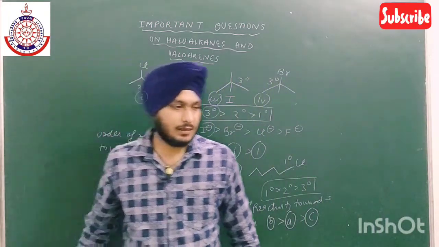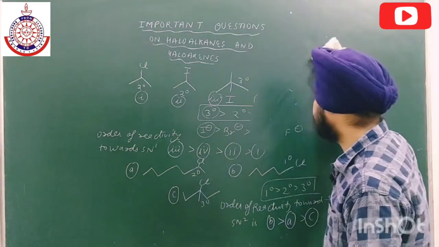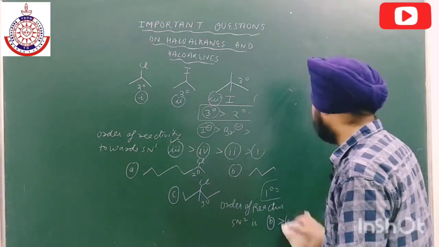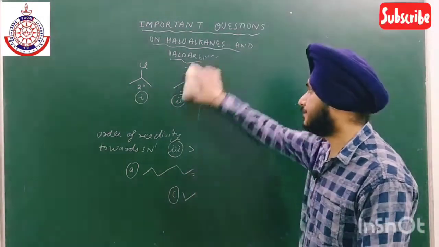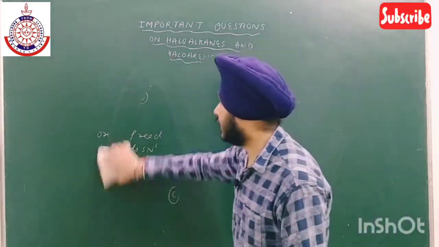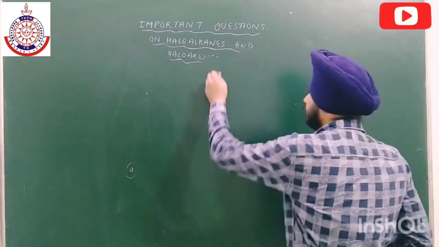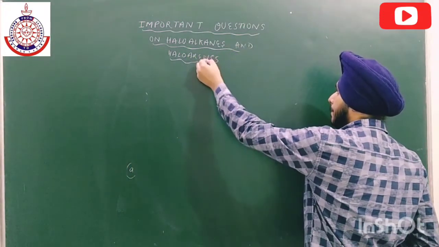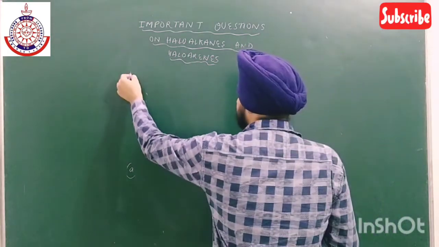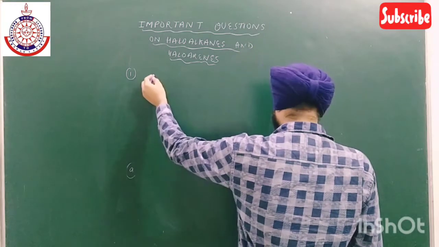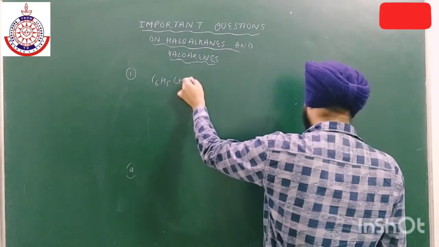Let us do one more question related to the order towards SN1 and SN2. So this time I'm taking SN1, and we are taking an aromatic system. So the compounds are C6H5CH2Br.